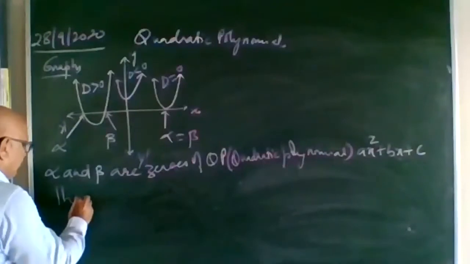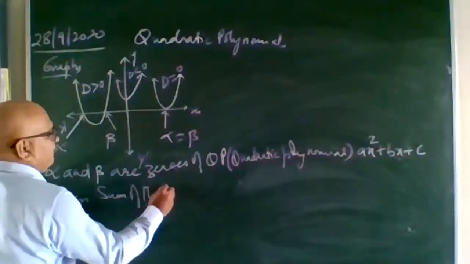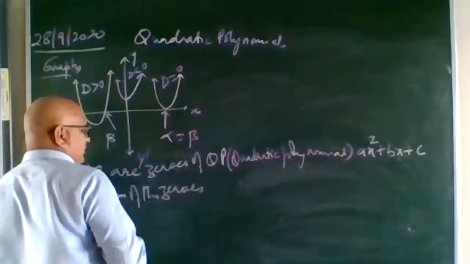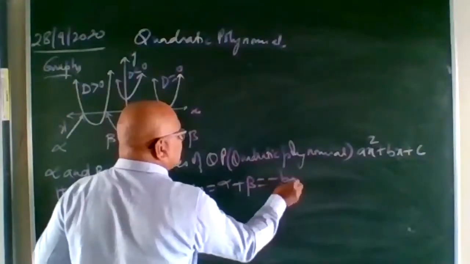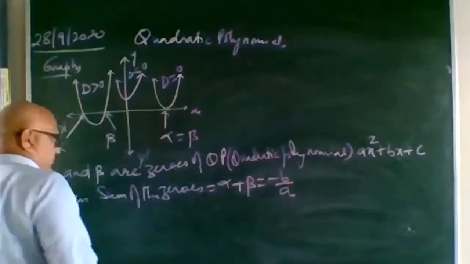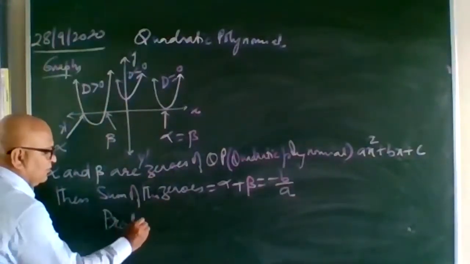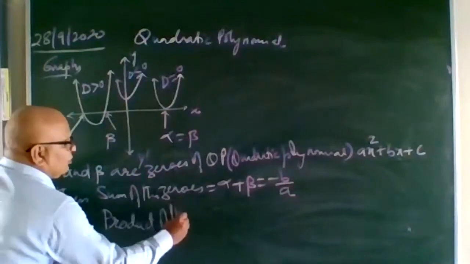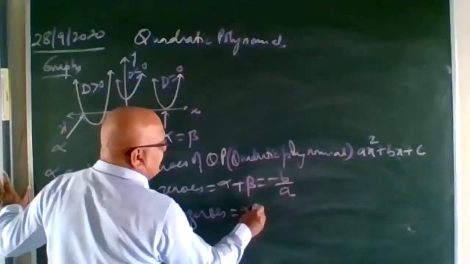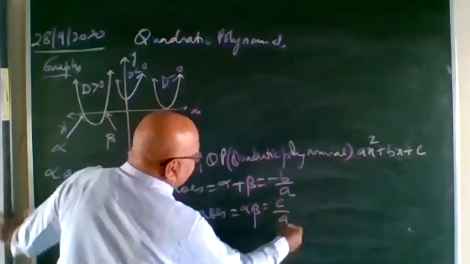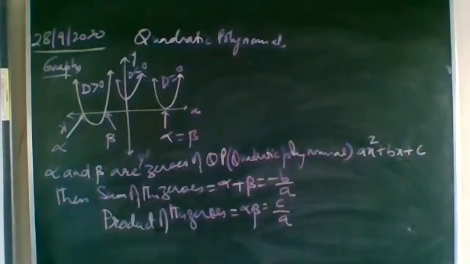Then the sum of the zeros, alpha plus beta, is minus b by a. The product of the zeros, alpha beta, is c by a. So this is the formula.